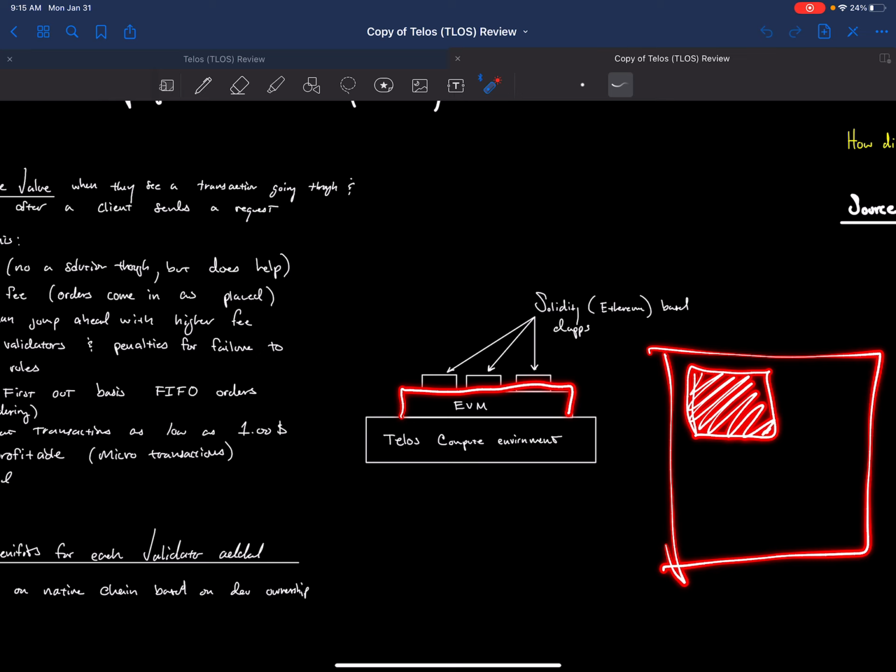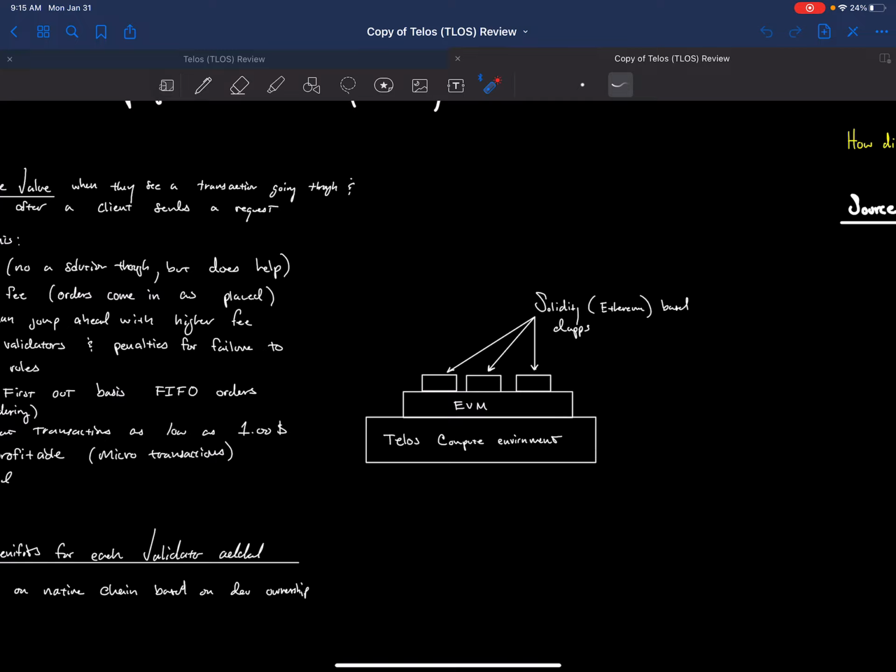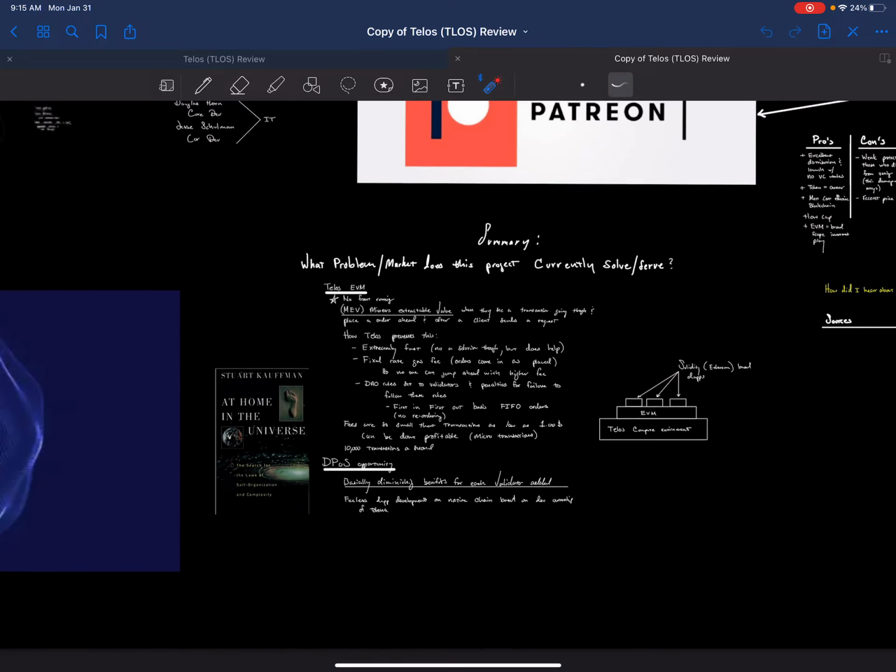That's the importance of that. It opens up the floodgates for all these different developers to potentially launch their applications on the Telos environment. Any of the Solidity-based, Ethereum-based dApps can run on Telos.